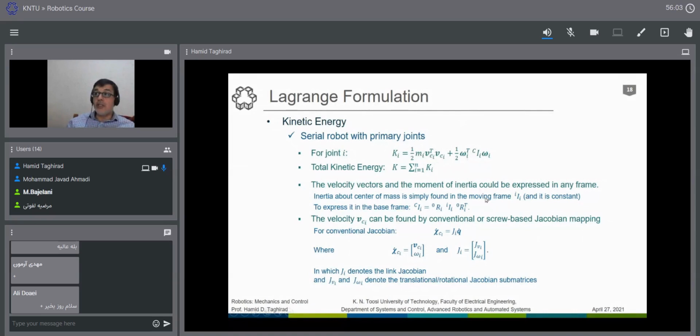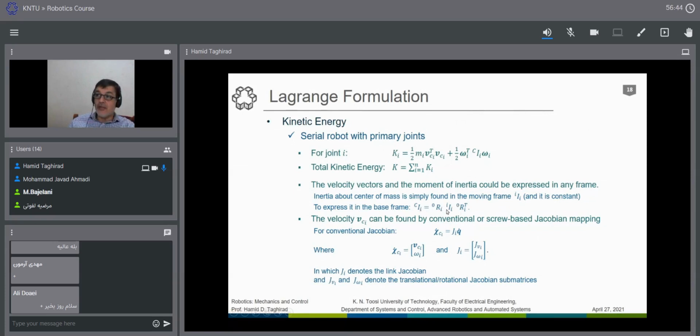Also notice that usually the moment of inertia of the link is given with respect to its own frame. It is very hard to find this moment of inertia with respect to another frame. So it is with respect to its own frame, and usually I_i is given as a constant number. But if these omega_i are given in the zero frame or any other frame, we can use the pure rotational map, R_i to 0, that I explained last session.